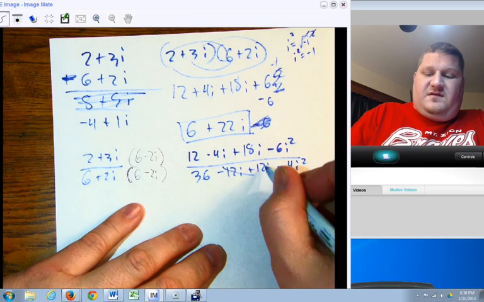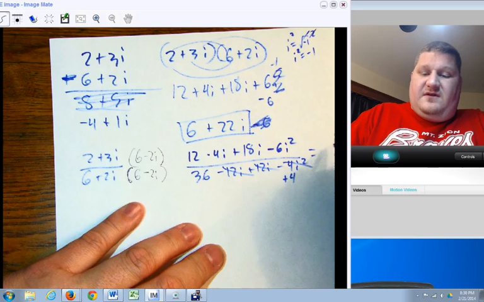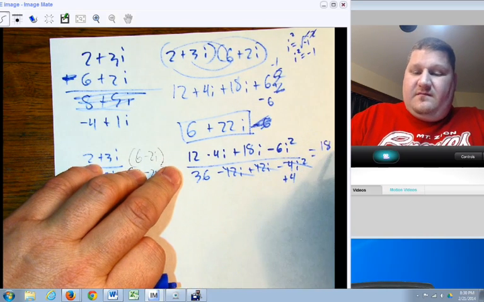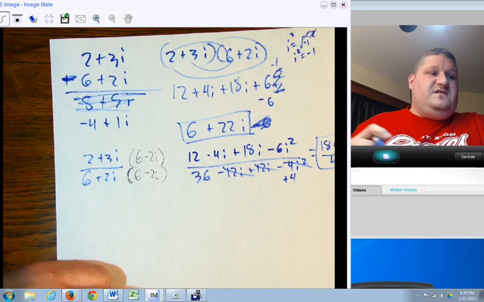The middle terms cross out. This turns into plus 4, and you get 18 plus 14i all over 40. Tends to be long. That's using complex numbers.